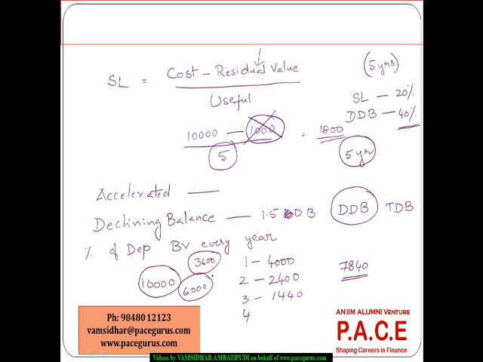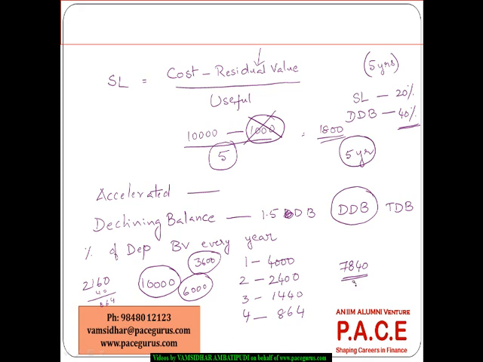Now we'll go to year 4. Once I remove 1,440 from 3,600, the balance that is left is 2,160. Now in the fourth year, again 40% of this is applicable. So it goes as 864 bucks applied as depreciation for the fourth year.